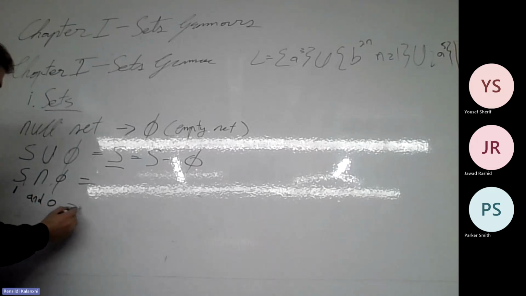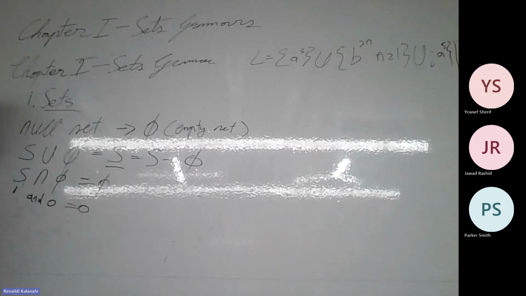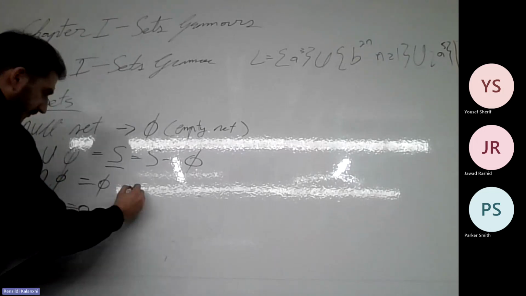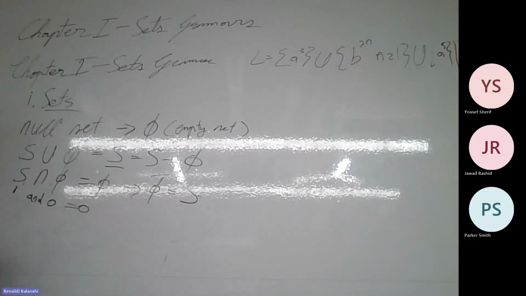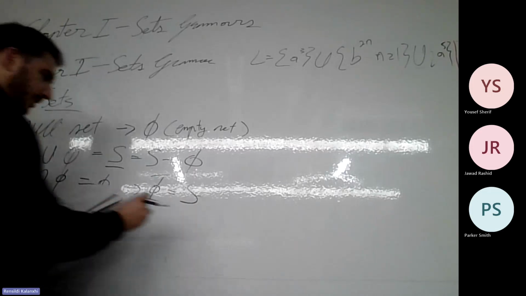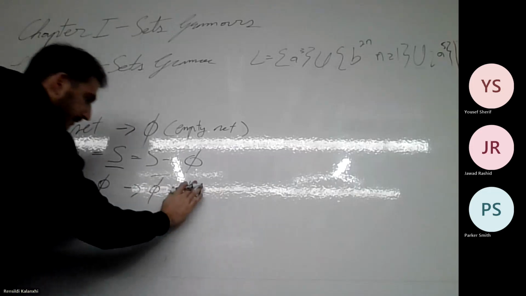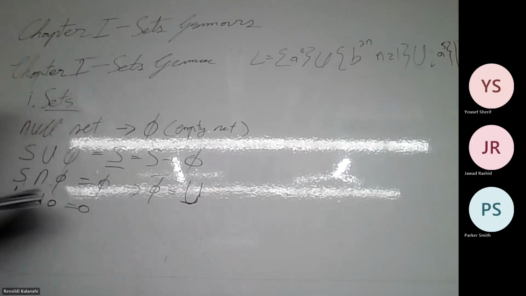So 1 and 0 is just going to be 0, so this is going to be empty as well. That's how I approach this. And also pretty self-explanatory, if phi has a not on top, that would be equal to the universal set. Makes sense. And if you do double not, it's basically equal to just S.